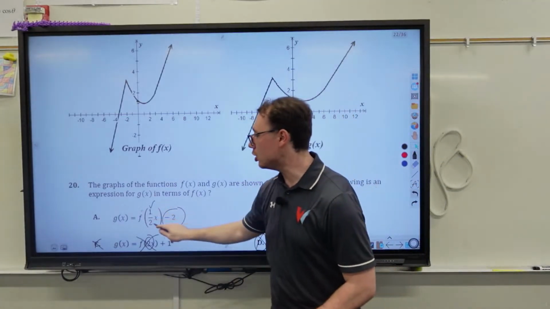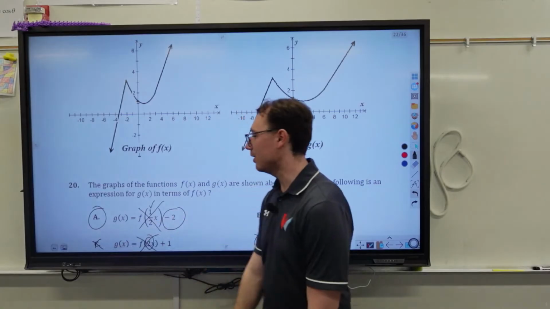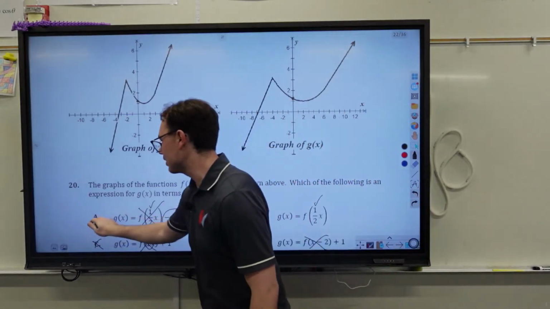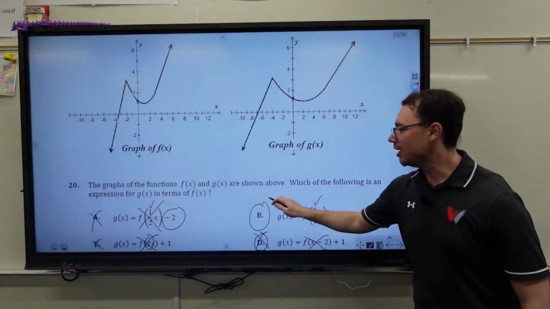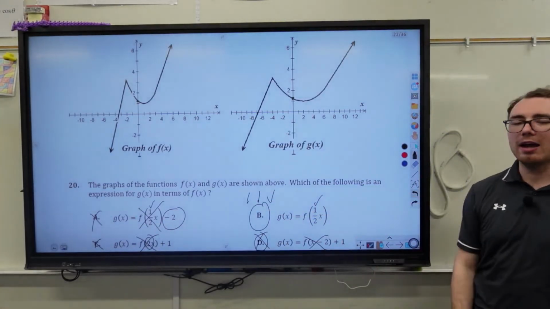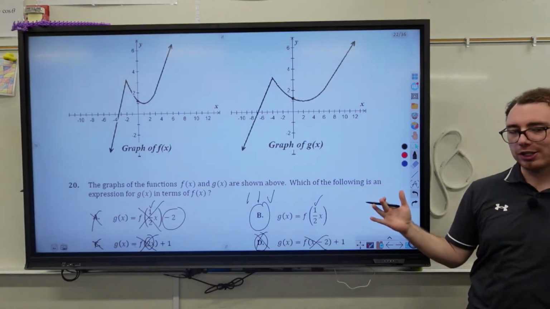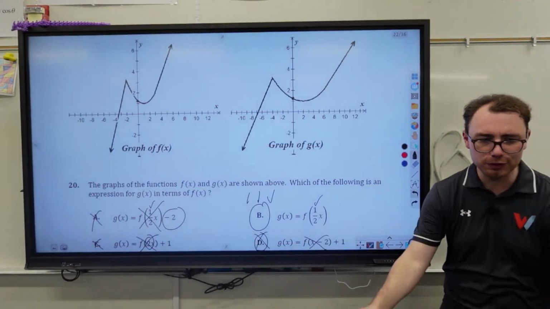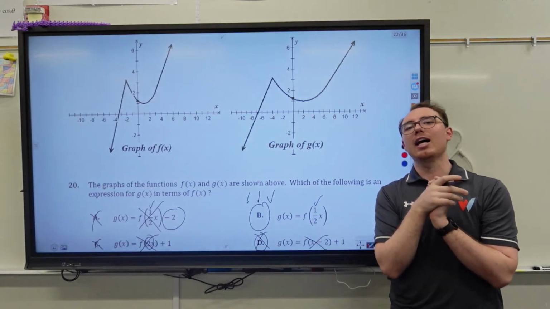So we know that g of x doesn't have a d term. I keep circling that. I mean to cross it out. So we know that b here is the actual right answer because the only thing affecting our graph here is a horizontal stretch.